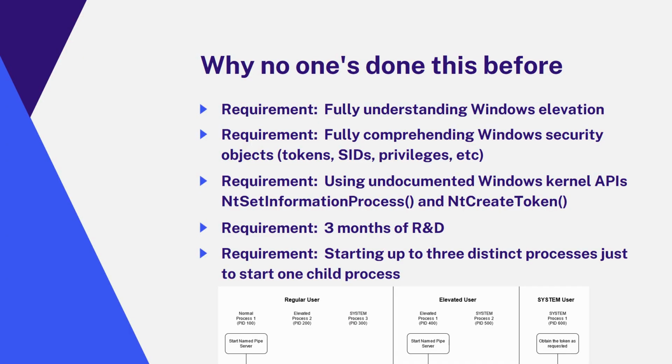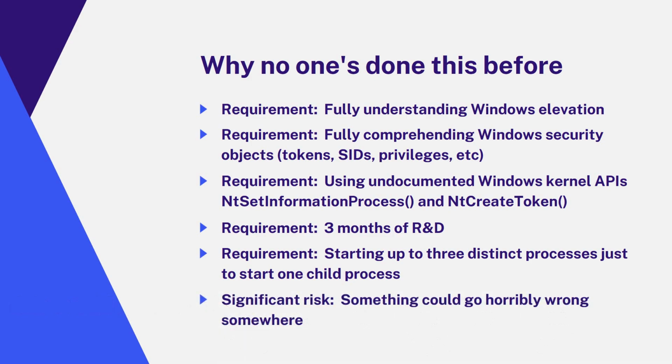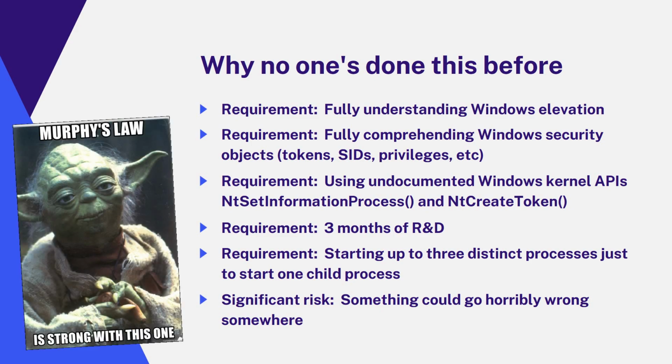Having to start up to 3 distinct processes with unique purposes, which also includes an NT system service. All of that just to start one child process. And significant risk that something could go horribly wrong somewhere, because if something can go wrong, it probably will.